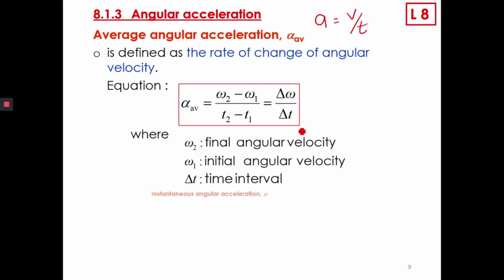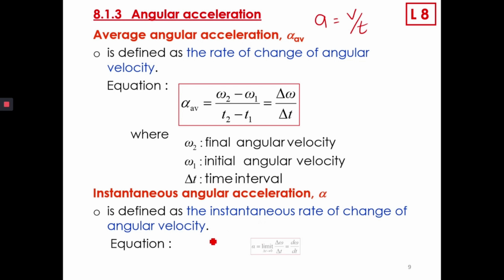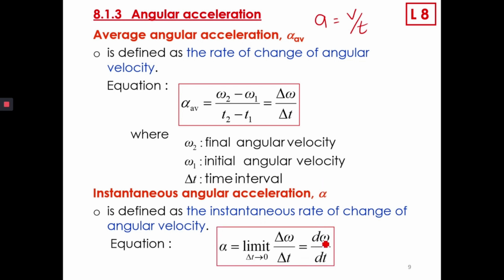The instantaneous angular acceleration is the differentiation of omega with respect to t. So it is the rate of change of angular velocity. For instantaneous, you have to differentiate your angular velocity with respect to time.